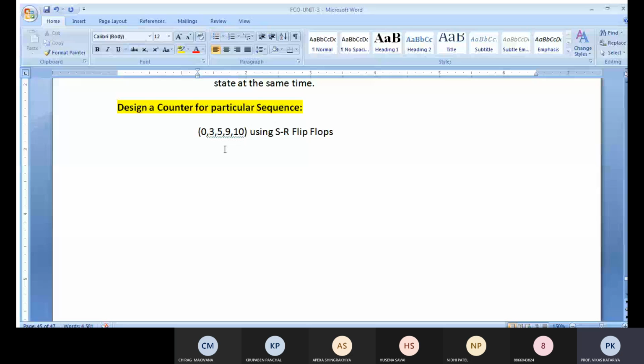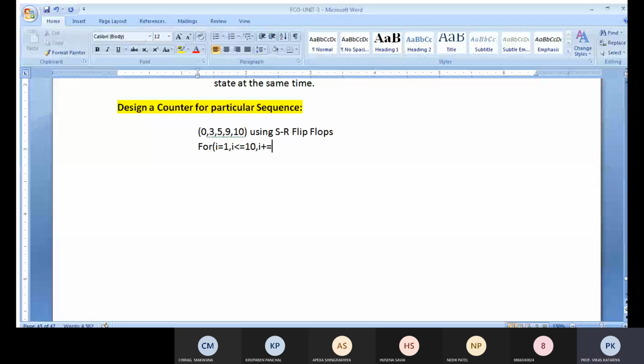So as I told you, we can design a counter which generates any number of sequences, and the sequences are given by the user. These particular sequences should be generated by the counter. Like you are given a for loop, i equal to 1, i is less than or equal to 10, i plus plus.